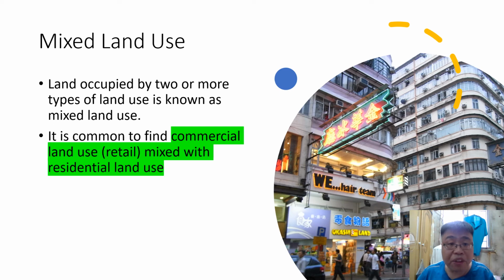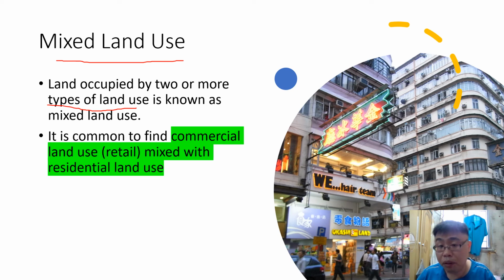And the next land use that I'm going to talk about is mixed land use. This is the type of land occupied by two or more types of land use. And usually you can find the mixed land use in old urban areas, such as Sham Shui Po, Mong Kok, and Yau Ma Tei.